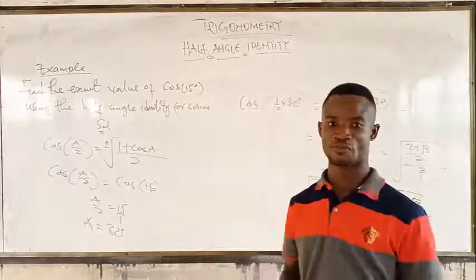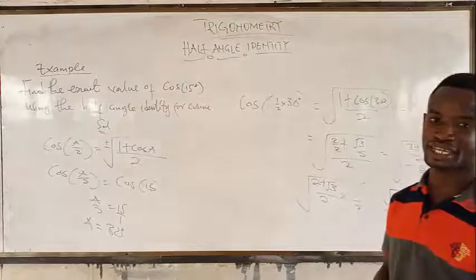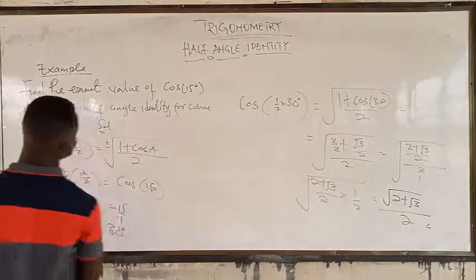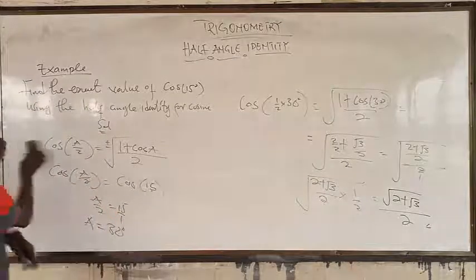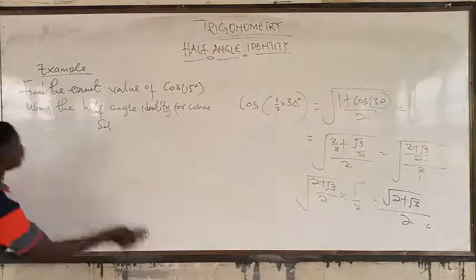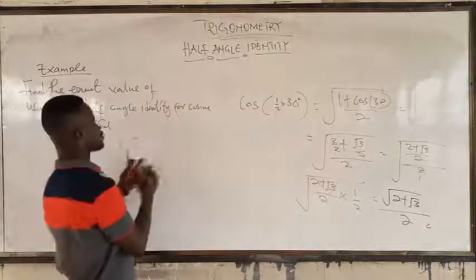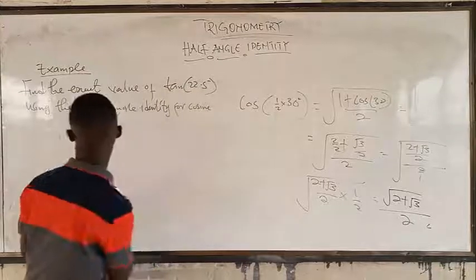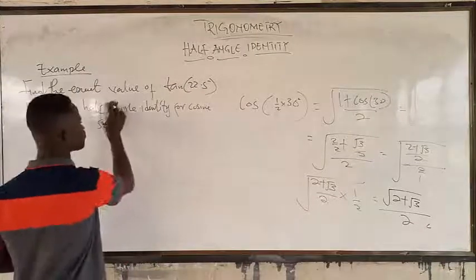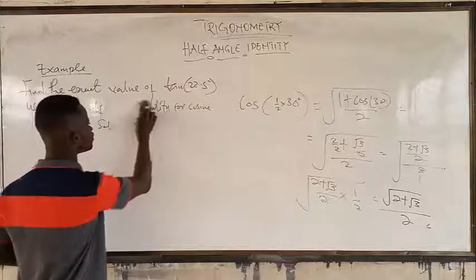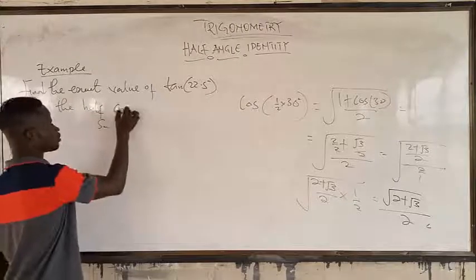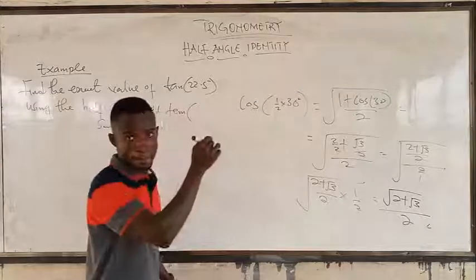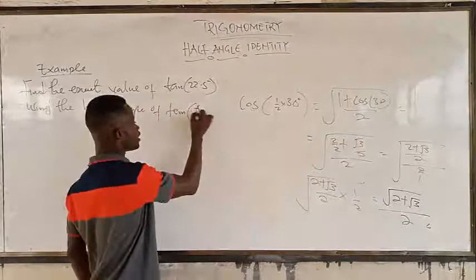Find the exact value of tan 22.5 using the identity tan A over 2. Okay. So here, the same way, we have to go for the exact value of tan 22.5 using the half angle of tan A over 2.